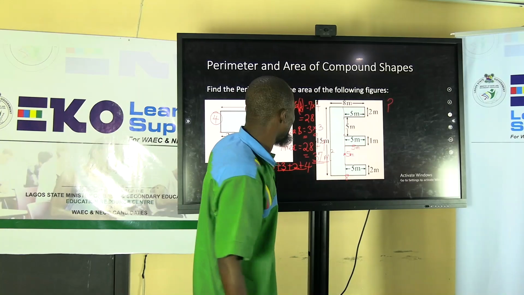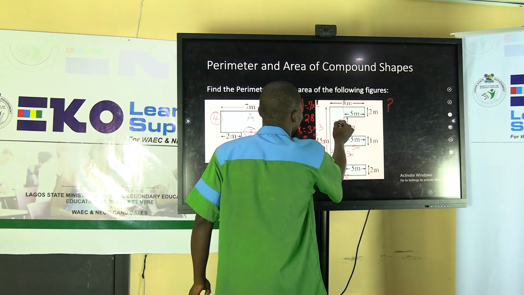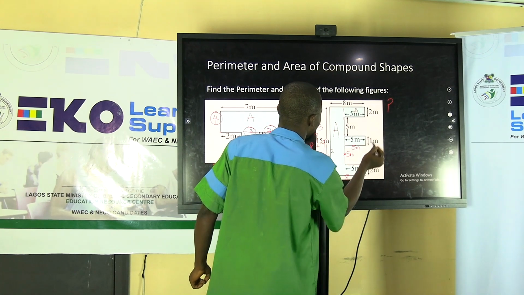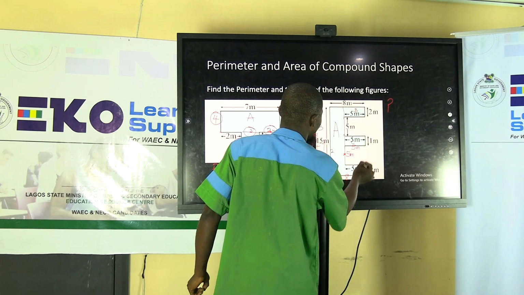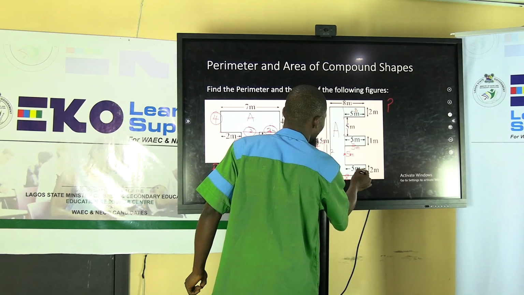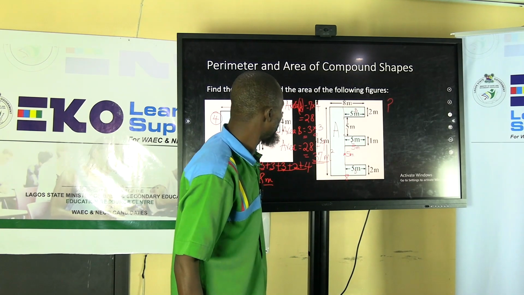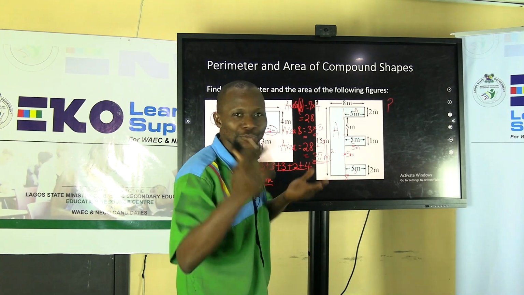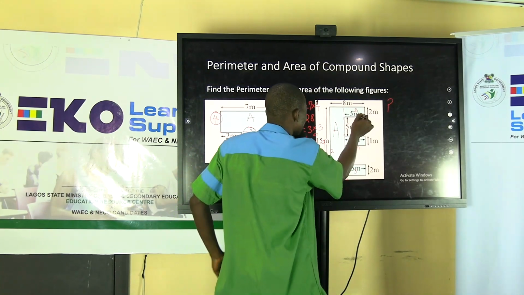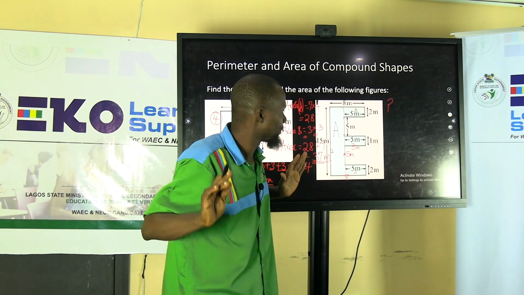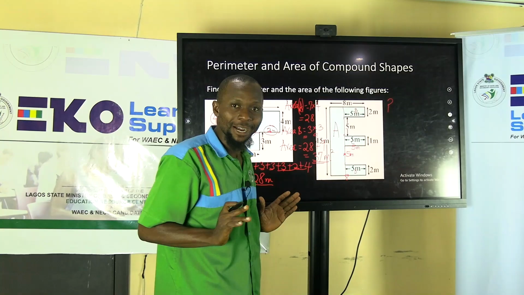So I can say this is region A, this is region B, this is region C, and this is region D. If you like, you can do your own division like this. 1, 2, 3, 4. No problem. You should get the same answer.